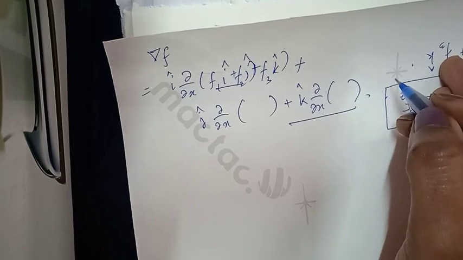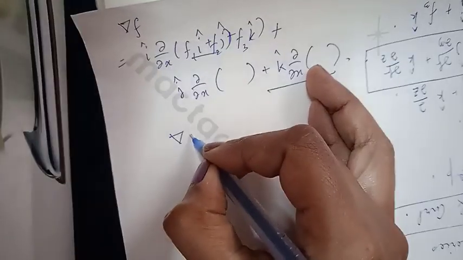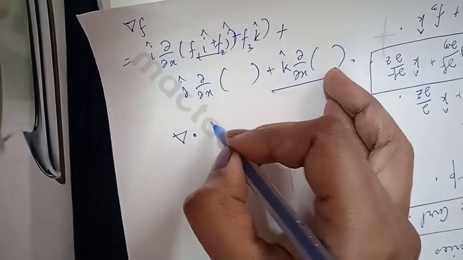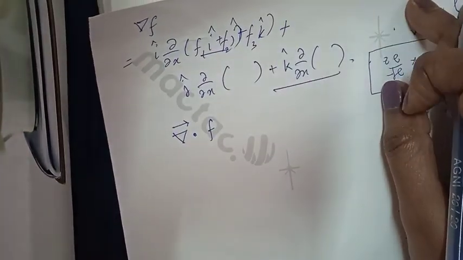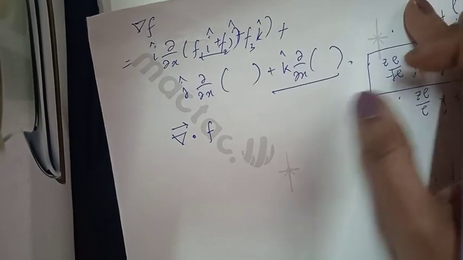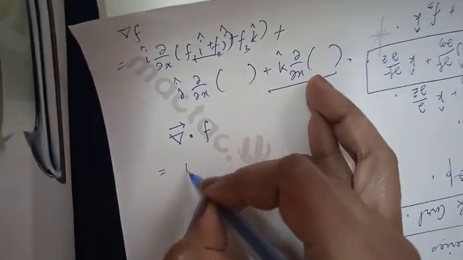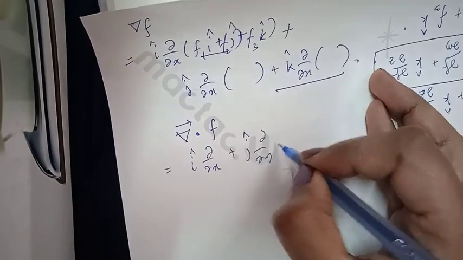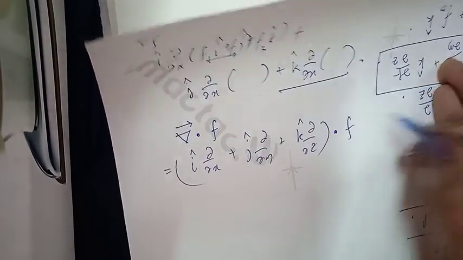Now the next thing is the operators with different signs. First we consider grad dot. Suppose there is some vector f, and we are trying to consider this thing. You might use the vector arrow sign over this nabla operator because it's a vector. So how to calculate this quantity? Very simple. i cap del/del x plus j cap del/del y plus k cap del/del z, then dot f, right?